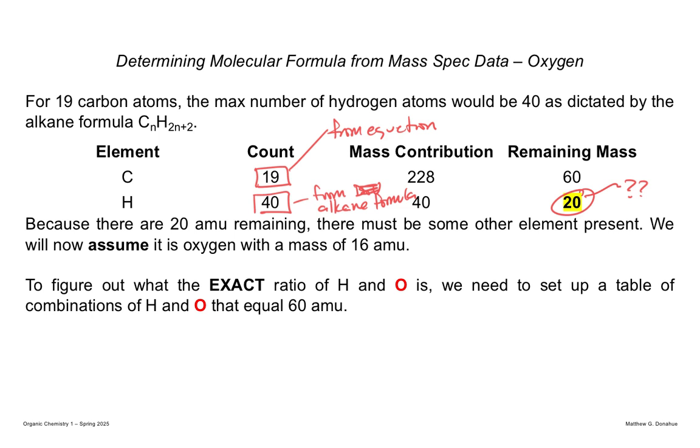As the bottom of the slide says, we have to figure out the exact ratio between hydrogen and oxygen that's going to equal 60. And then from there, we have the confidence to make a claim for that molecular formula. So it's like HX plus OY must equal 60, where we're figuring out what those X's and Y's are.